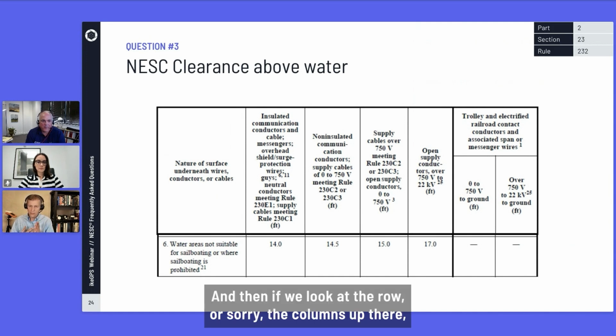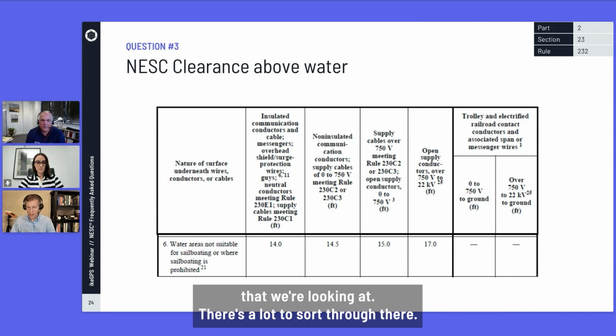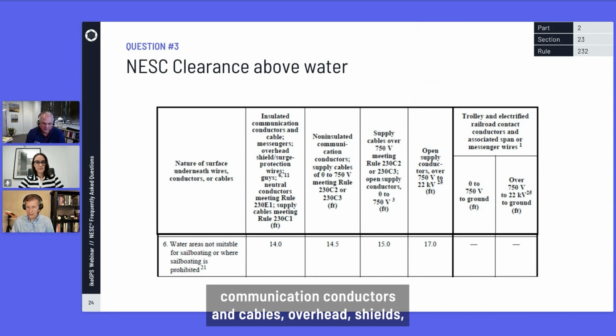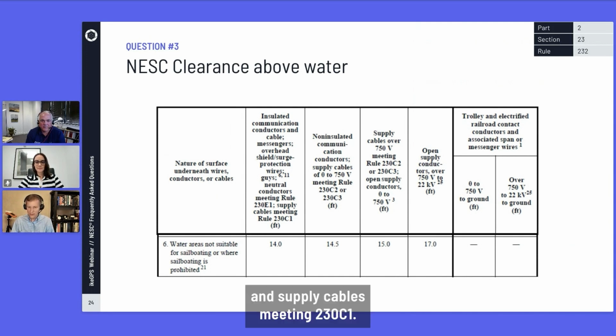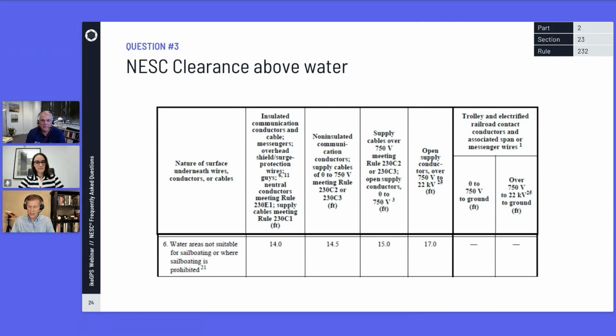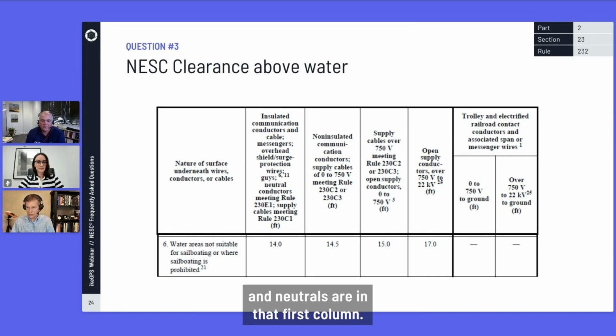And then if we look at the columns up there, those are going to be the different cables and wires that we're looking at. There's a lot to sort through there. If we look at that first column, it's got insulated communication conductors and cables, overhead shield surge protection wires, neutral conductors, and supply cables meeting 230C1. So there's a lot to think about there, some rules to look at. But the two we really want to pick out there, communication cables and conductors and messengers, and neutrals, are in that first column.